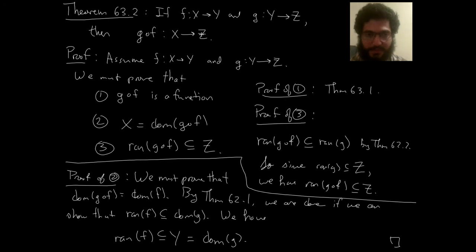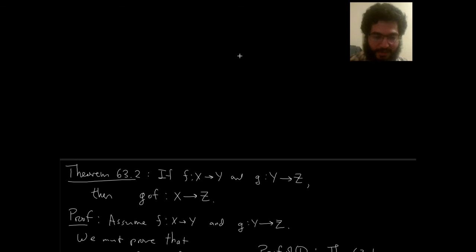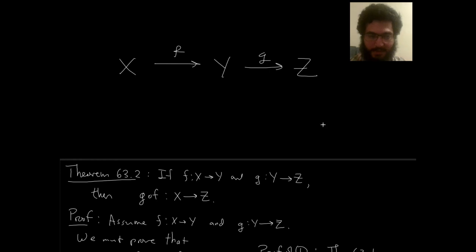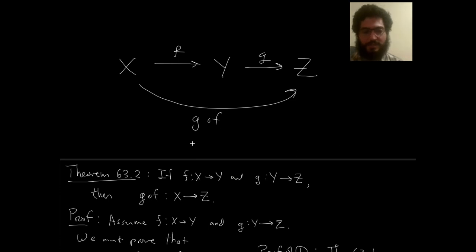So this kind of matches up with the picture that I was making here, where you have x, y, z, f is here, and g is here. And there's this one thing in the middle that matches. The codomain of f is the domain of G. That's the situation in which composition works the nicest. Then you get G composed with f maps x to z.